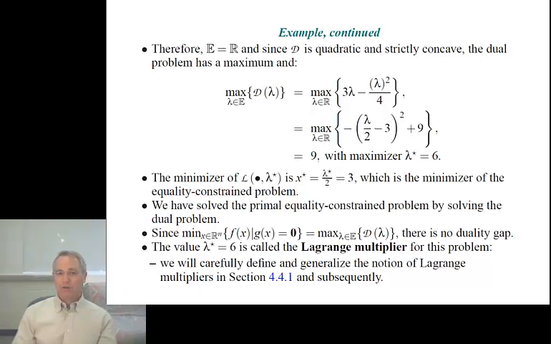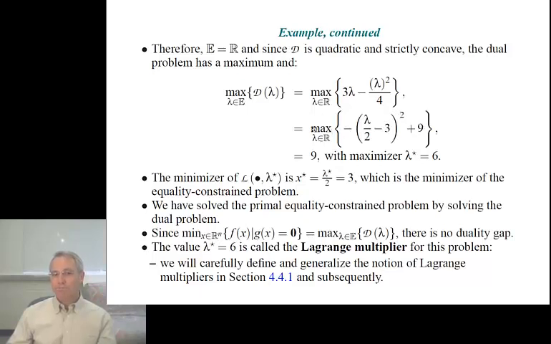The maximum over choices of lambda in R of the dual is the same as maximizing over lambda in R, 3 lambda minus lambda squared on 4. Again, completing the square, I can rewrite this as minus the square of lambda divided by 2 minus 3, all squared, plus 9.